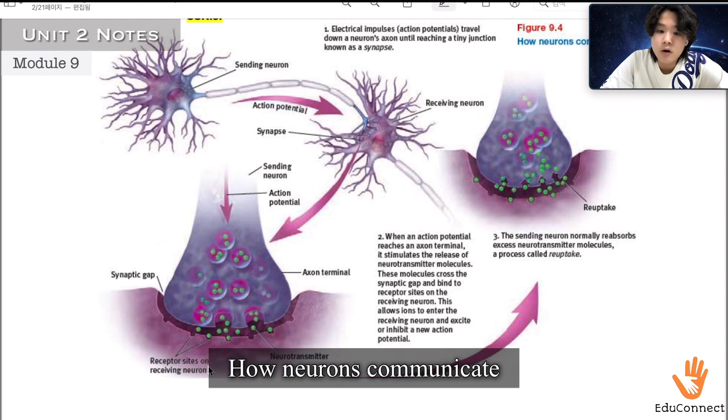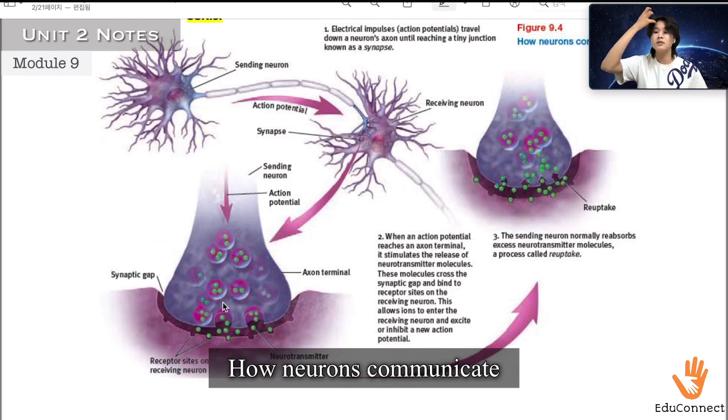So if there are 5 gaps, and if there are 10 balls, then 5 balls have nowhere to go, right? So these are called excess neurotransmitters, and these excess neurotransmitters are going to be reuptaken again and sent to the axon terminal again, right? Now, this will cause some kind of diseases such as depression.